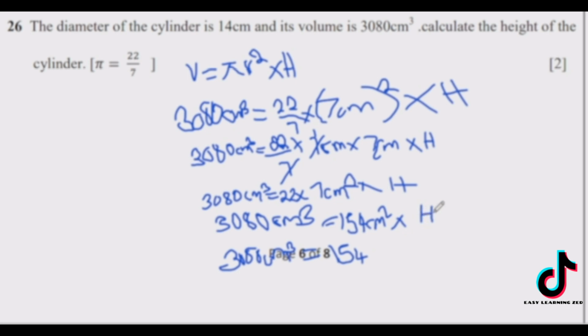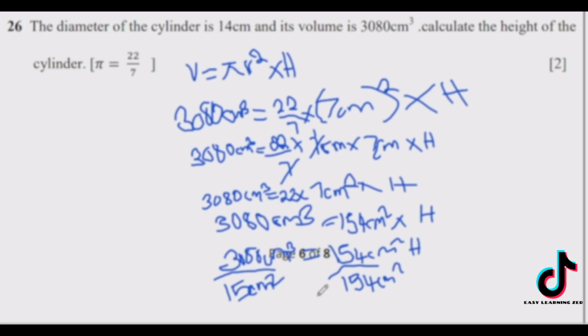And this is the same mistake I wanted to make here. Here it should be 154 centimeters squared h. After we multiply that, what we can do now is divide this number and this one by 154 centimeters squared. The same thing we do here: we divide this by 154 centimeters squared.